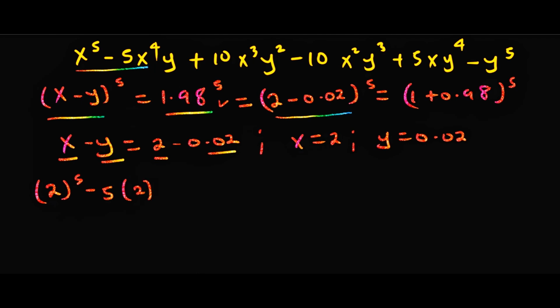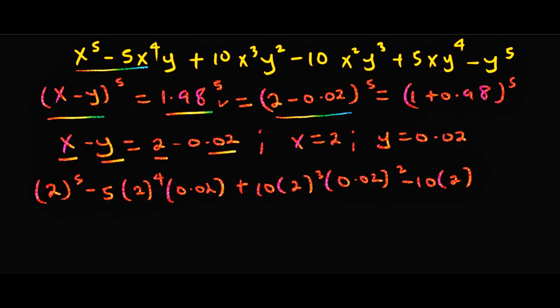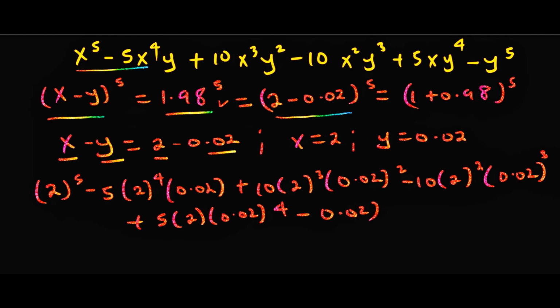X is 2, and that is to power 4, and then y is 0.02, plus 10 into 2 power 3 into 0.02 power 2, minus 10 into 2 raised to power 2 into 0.02 raised to power 3, plus 5 into 2 into 0.02 power 4, minus 0.02, and that is raised to power 5.